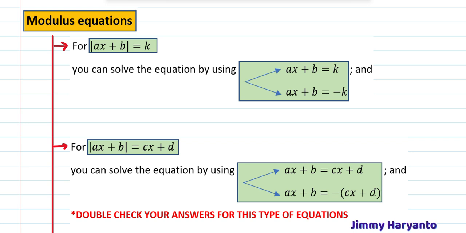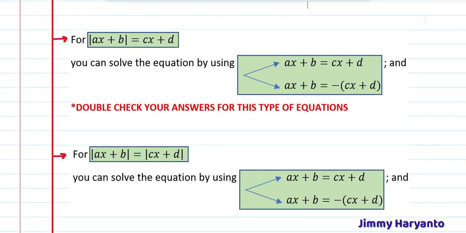That means on the left hand side we have a modulus function, and on the right hand side we only have a constant or a number. You can solve this by splitting it into two parts. The first part is ax + b = k, and the next part is ax + b = -k. This is the easiest way to solve a modulus equation.